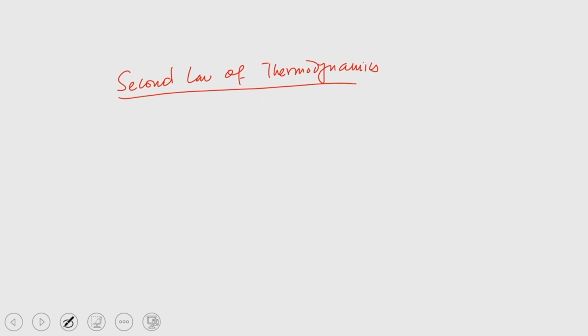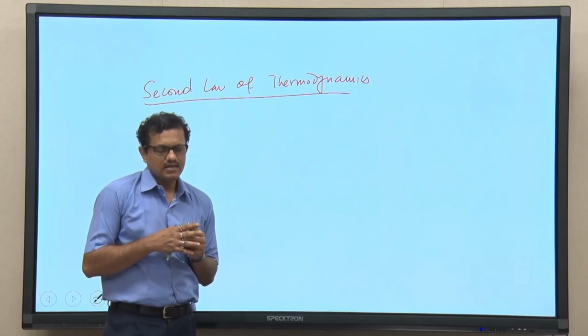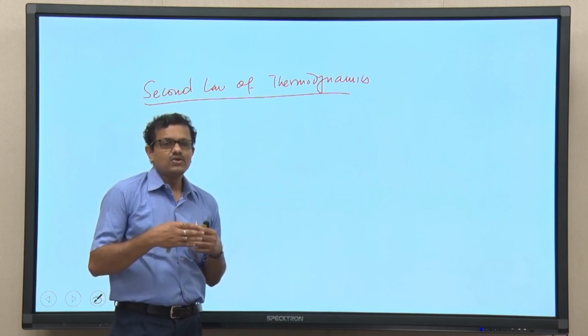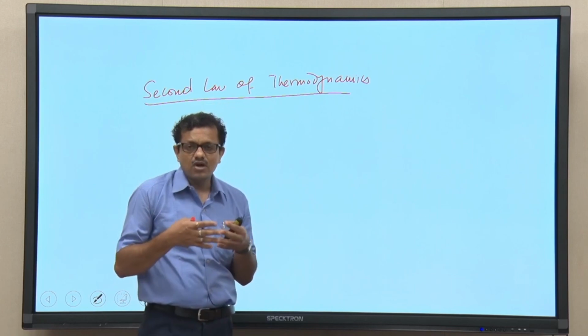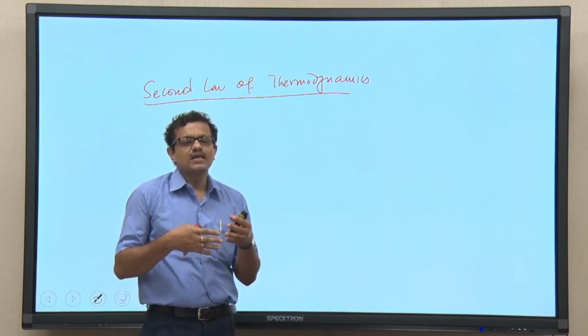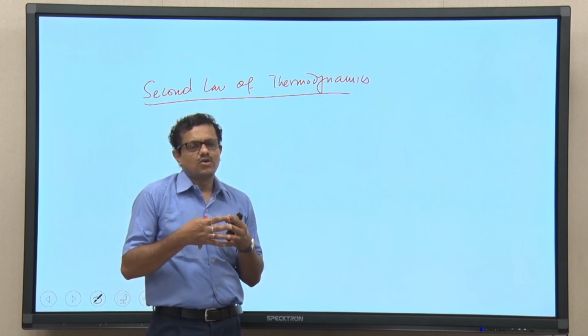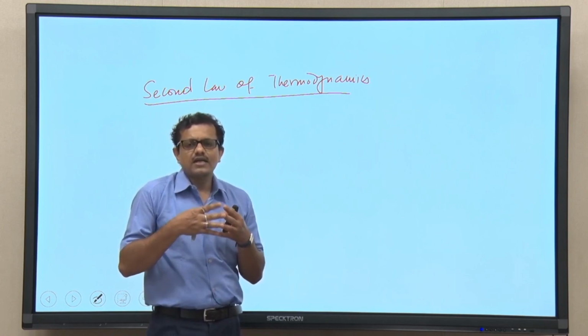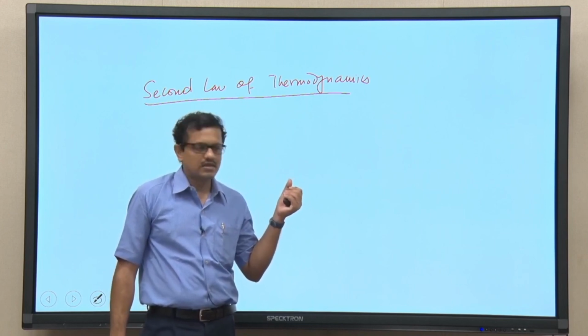We have discussed the first law, so why is the second law coming? Definitely we need to know the limitations of the first law, and probably there are a few limitations of the first law, and it is because of this reason that the second law of thermodynamics is there.